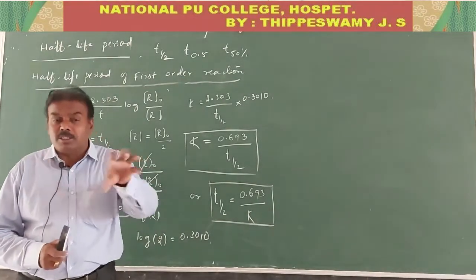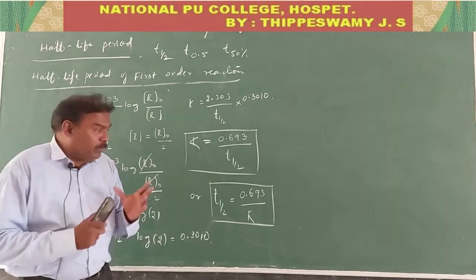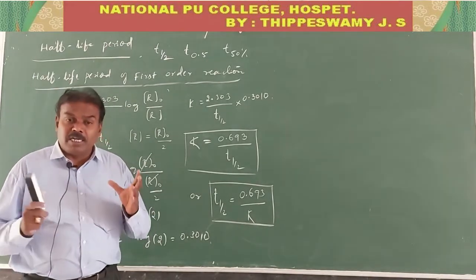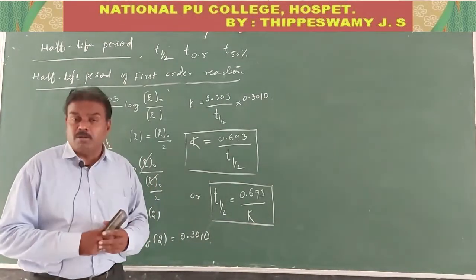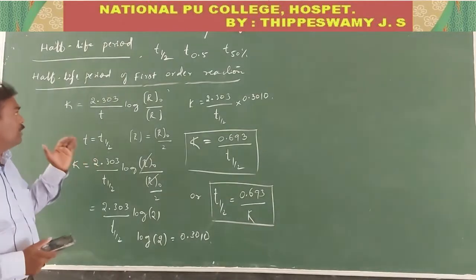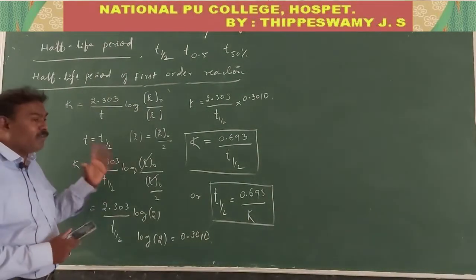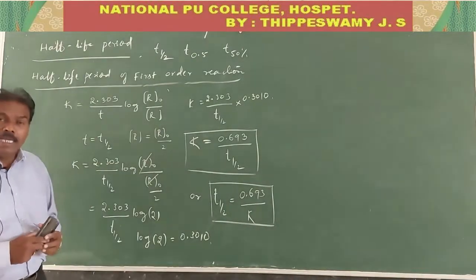These two derivations are there in chemical kinetics. Compulsorily you have to write and attempt them perfectly in the exams. This is one of the important concepts. Okay, now this is about the half-life period of a first order reaction as well as a zero order reaction.